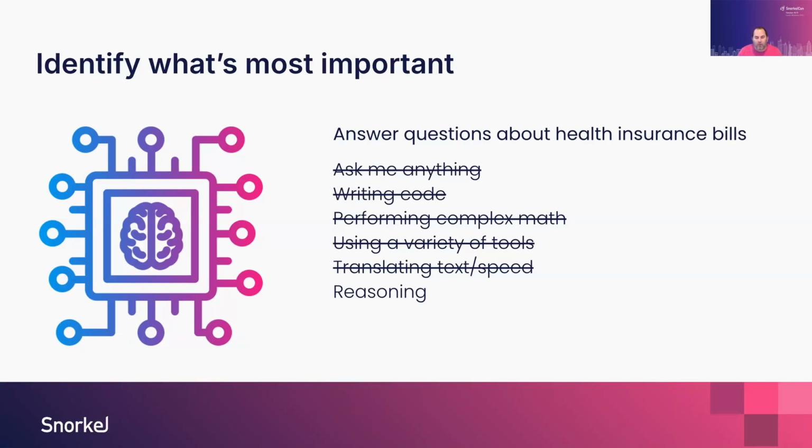If I'm building a co-pilot, or an assistant that helps, for example, customer service representatives interact with customers and answer their questions, I probably want those reasoning capabilities, right? I obviously don't need a large language model capable of writing code, right? That's not what I'm trying to accomplish.